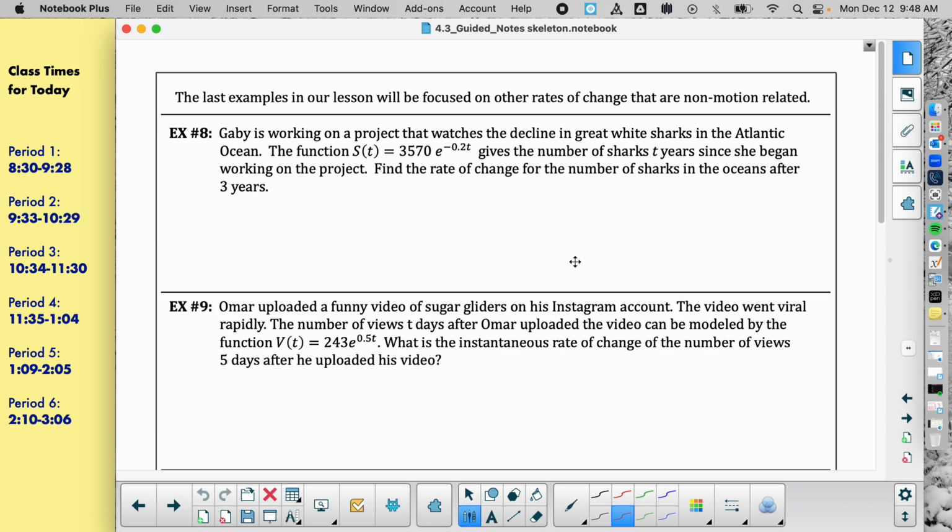But the main reason I wanted to cut out the first whole bunch of examples is they all rely on very specific terminology that you don't need to know. Like revenue, profit, marginal cost, a ton of very specific terms that you don't have to know on the AP test.